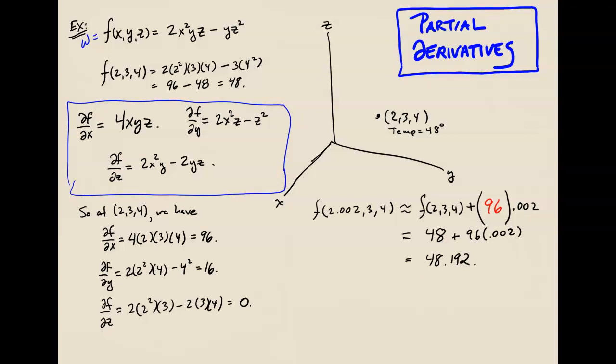And in fact, this is a very good approximation, and it shows how small real numbers work as good approximations to infinitesimals if our functions are nice. If you actually compute f of (2.002, 3, 4), take those numbers and run them through this function, the exact value turns out to be 48.192096. So very, very close indeed.